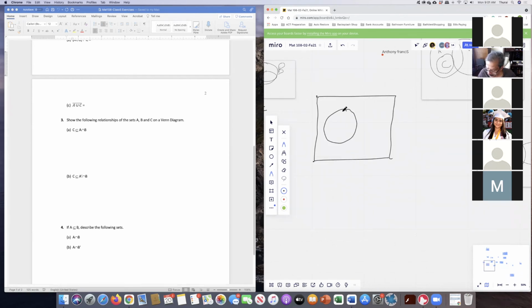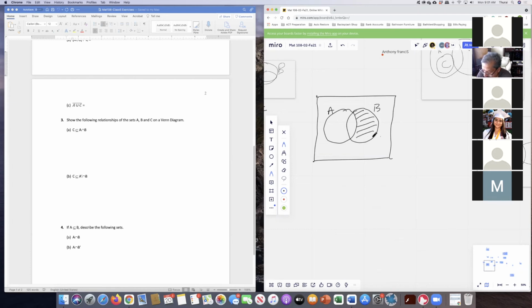This is A and this is B. A prime is everything outside of A. So what part of outside of A is also in B? A prime intersection B means what is common to outside of A and B. The area common to outside of A and B is this, right?